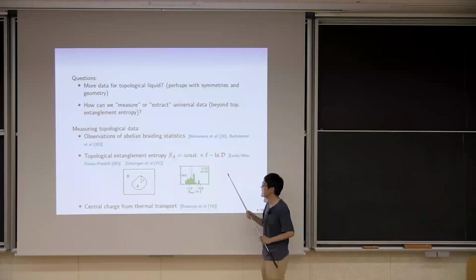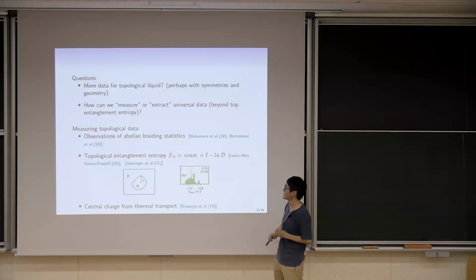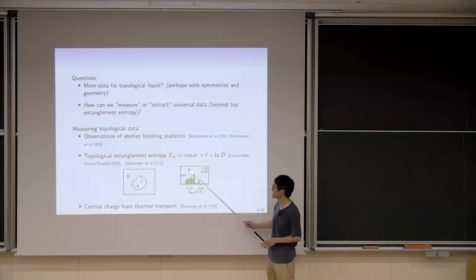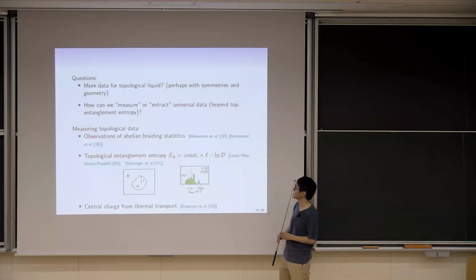So this has been a useful smoking gun to establish the existence of topological order. For example, in a recent quantum computer study, people realized a topological state on a quantum computer, and then they verified the existence of topological order by actually computing entanglement entropy. And then we can see that topological order is there in your quantum computer.